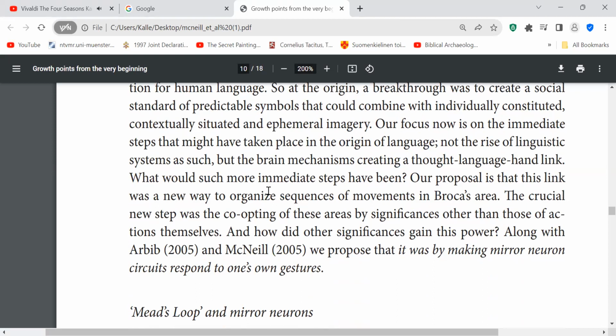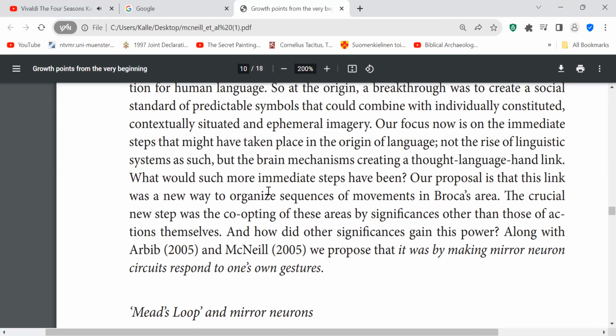So at the origin, a breakthrough was to create a social standard of predictable symbols that could combine with individually constituted, contextually situated, and ephemeral imagery.